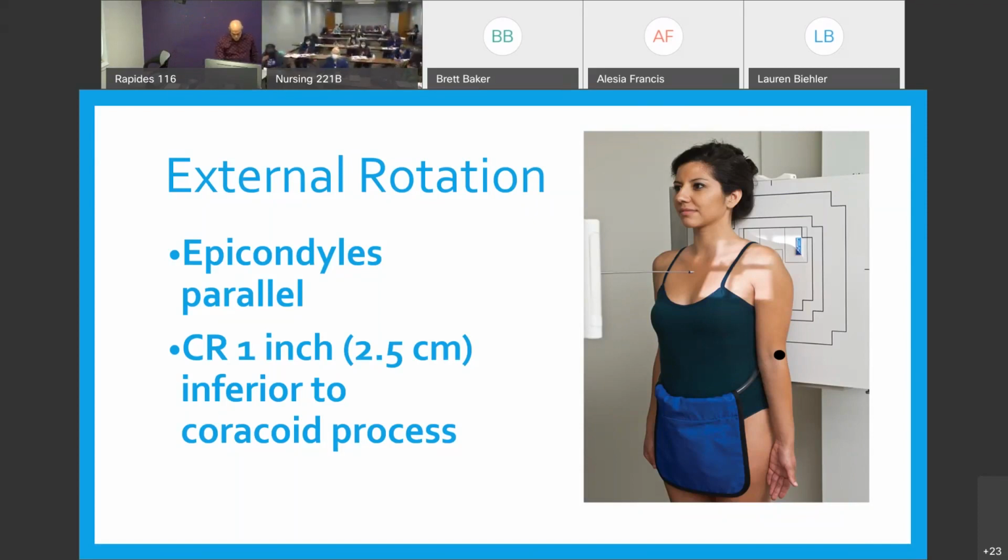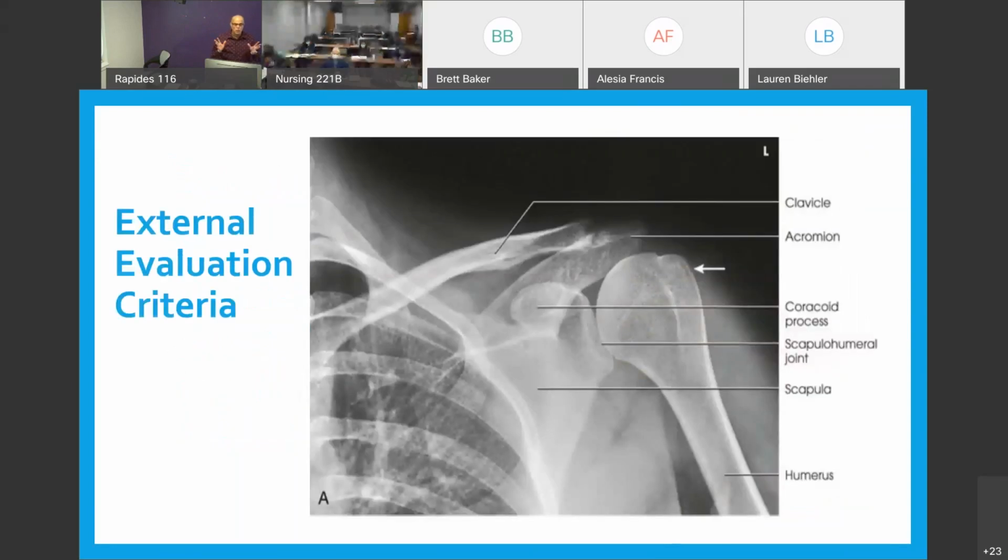Now, let me show you this picture. The problem with this one here is our clinical sites require us to include the entire shoulder girdle, which means we have to have the clavicle. So if we go with what the book says, 1 inch inferior to the coracoid, we end up cutting the sternal side of the clavicle off, and it's a fail.